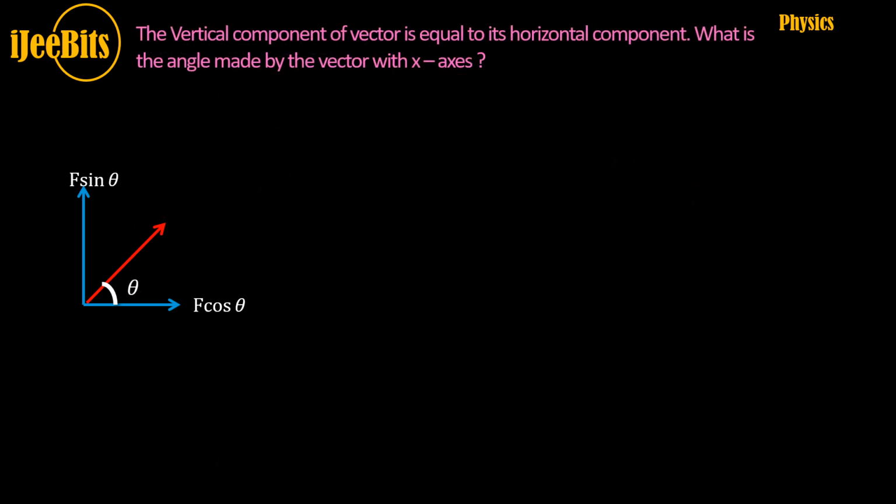Let's see the next one. The vertical component of a vector is equal to its horizontal component. What is the angle made by the vector with the x-axis? That's theta, right? What is given is that the two components are equal, so F sin theta equals F cos theta. So how do you calculate? Sin theta by cos theta equals F by F, which is 1.